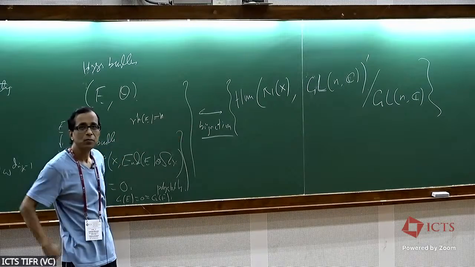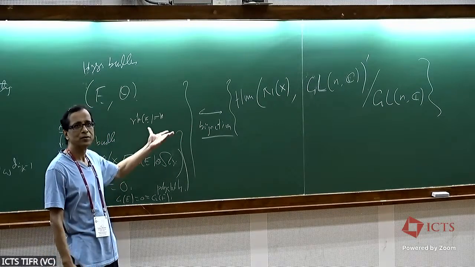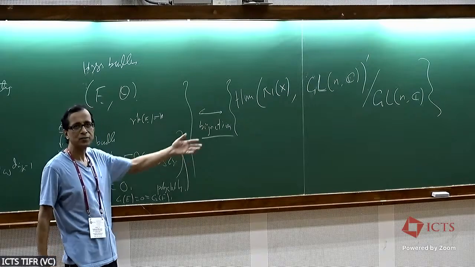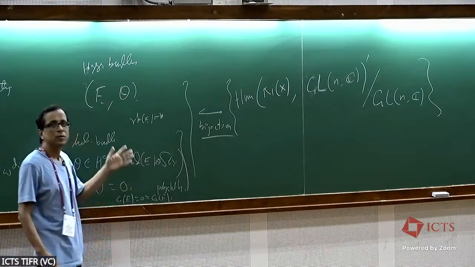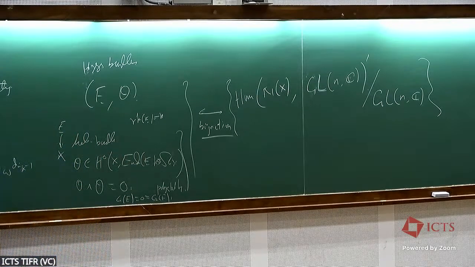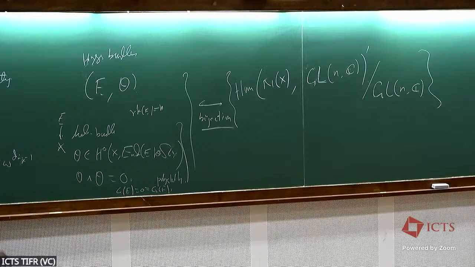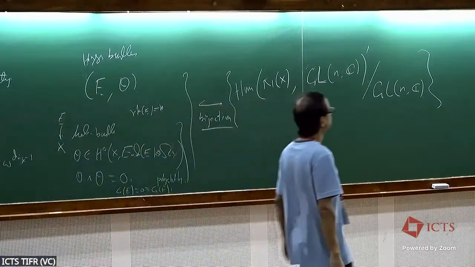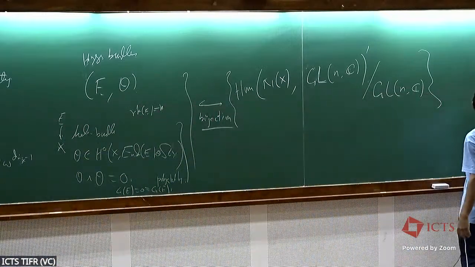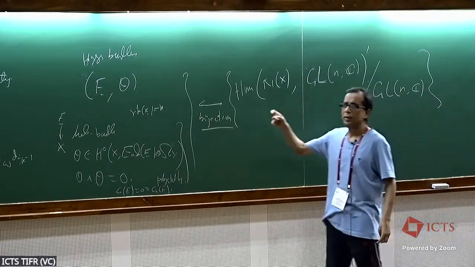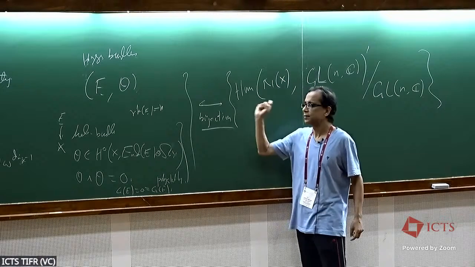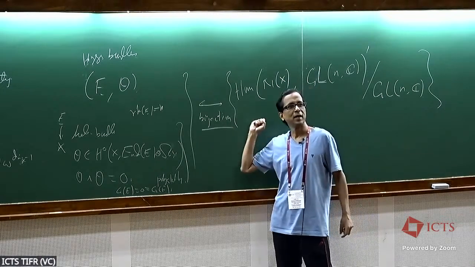Now we need some properties of this. This has been talked about many times in the last week, and even today it was mentioned a couple of times. So let me recall some very important properties which will be used. Property number 1. As you have seen in the lectures, this correspondence is done via a harmonic map.